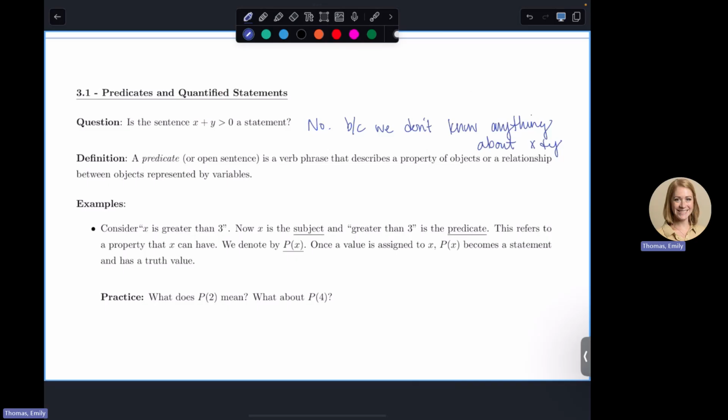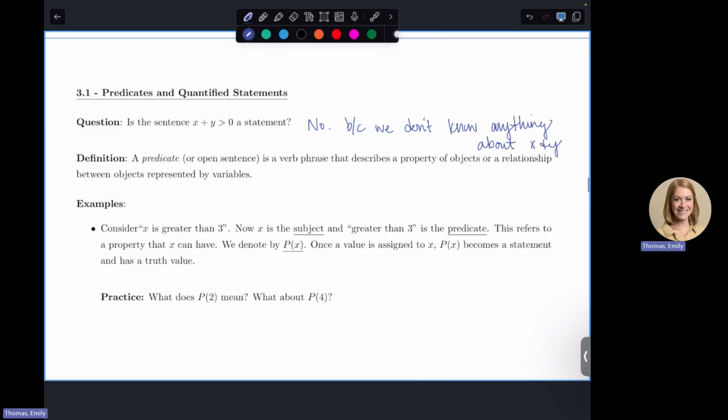So let's look at one with just one variable. We have x is greater than 3. x is the subject, and greater than 3 is the predicate. This refers to the property that x can have. So P of x here is that x is greater than 3. Once a value is assigned to x, P of x becomes a statement and has a truth value.